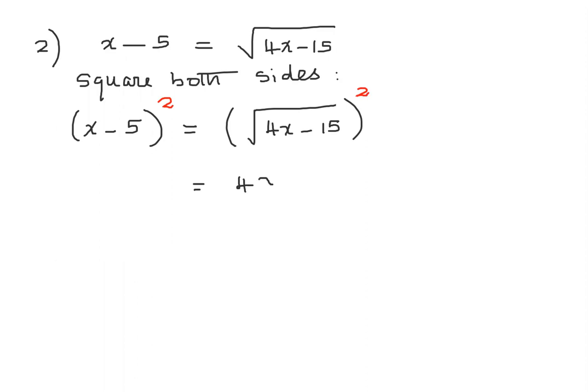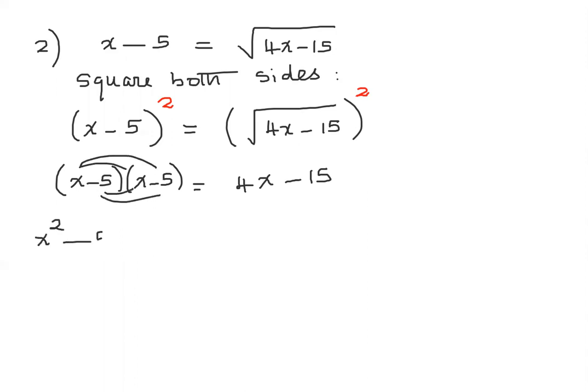So we get just 4x minus 15. However, x minus 5 squared means x minus 5 times x minus 5. So we're going to FOIL first. So we get x squared minus 5x minus 5x plus 25 equal to 4x minus 15.